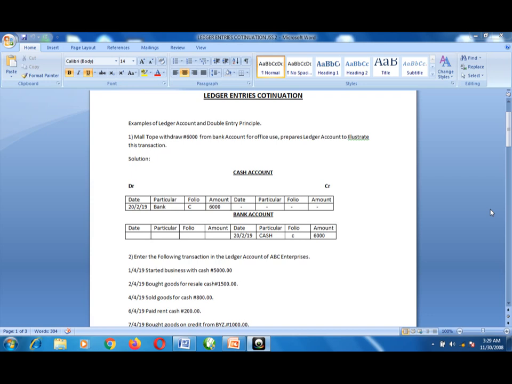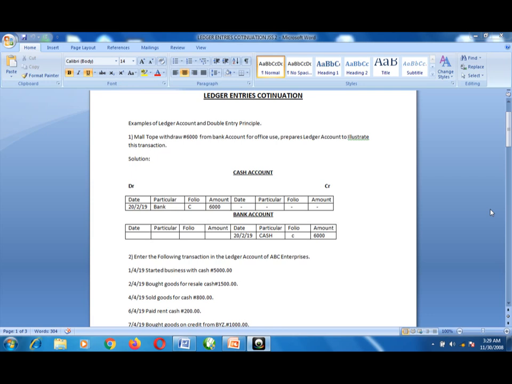So that 6,000 naira, when you are opening the cash account, is where the money is coming to. The particular will be bank. You write bank under the particular. Then you record that 6,000 naira under the amount at the debit side. Then the other leg will be bank account. This statement is dealing with bank and cash.